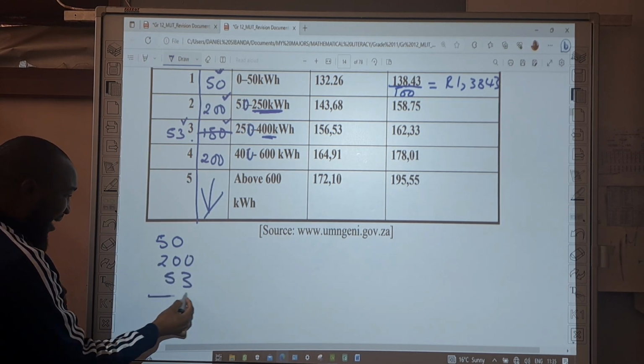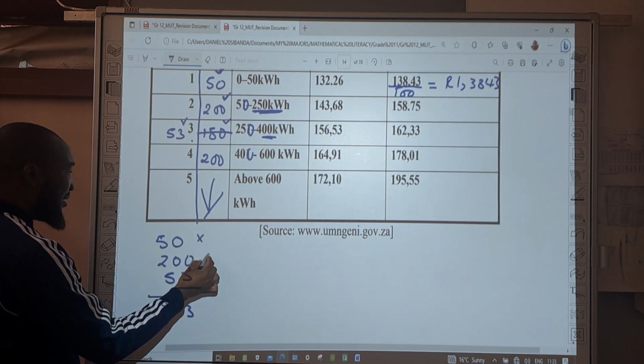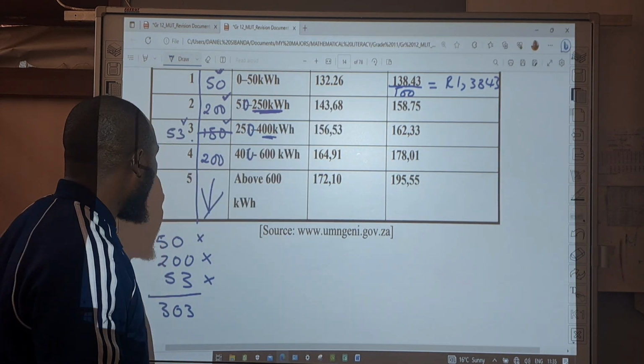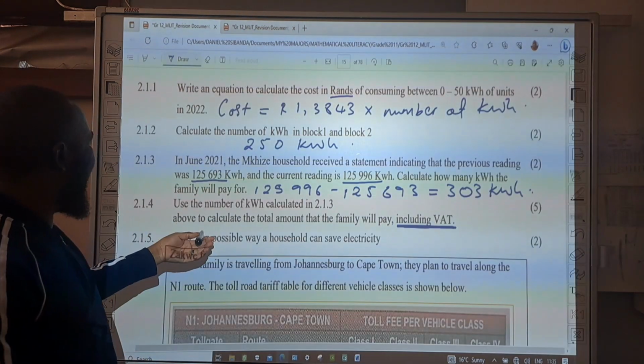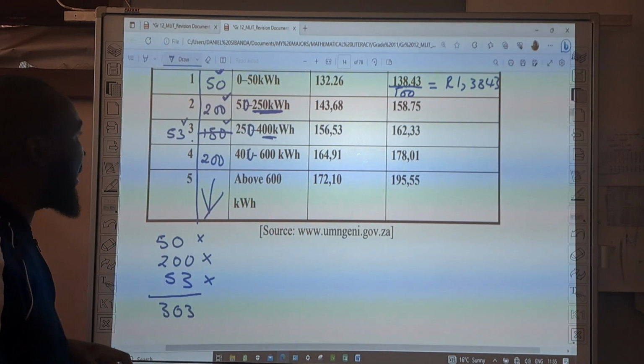You add these numbers, they are supposed to give you 303. Then you just multiply them with the tariffs. We are going to give our answer in rands anyway.